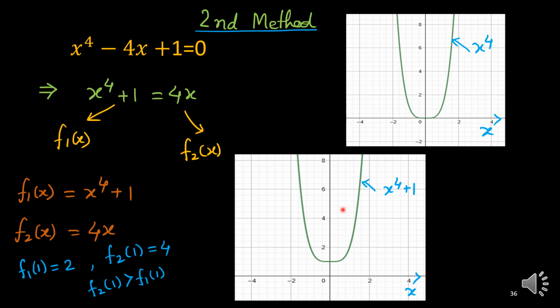So this function will give you, at 1, the value 1 plus 1, which equals 2. Very simple. This function is giving you 2 at 1. Clear? Now this function at 1, f2(1), will be 4 into 1 equals 4.